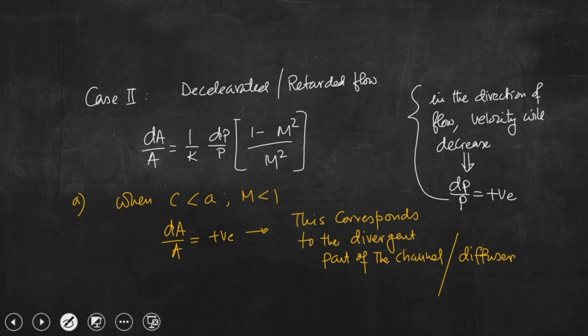Now, let us discuss another 2 sub cases, that is when C equal to A, that is Mach number equal to 1. If Mach number equal to 1, then dA by A equal to 0.